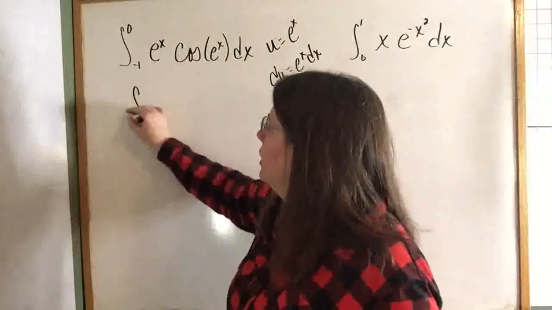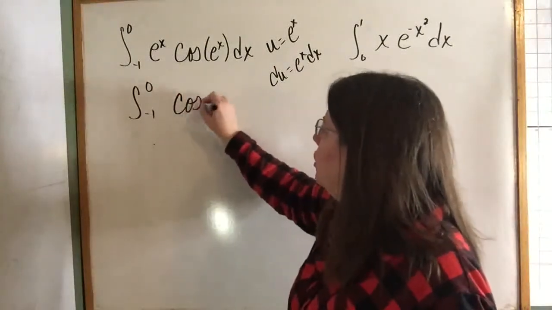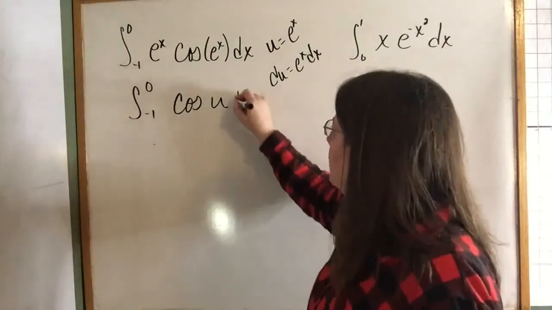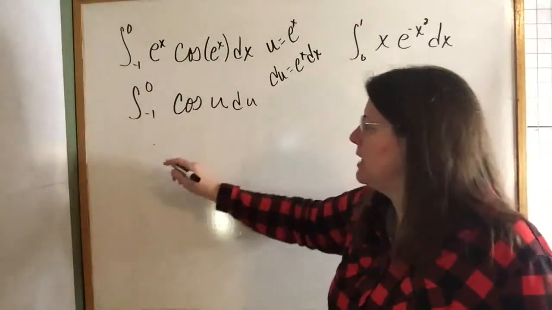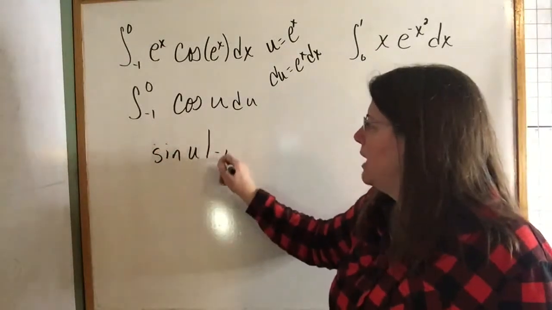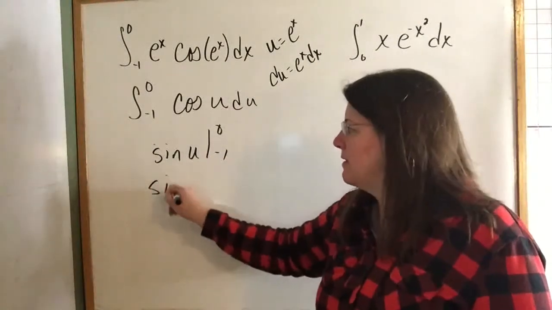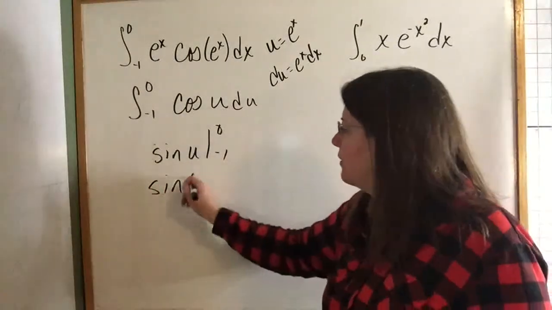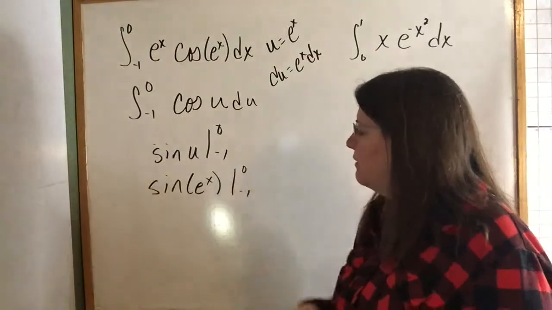So the integral from -1 to 0 of cosine u du. And then the antiderivative of cosine is sine. So we have sine of u from -1 to 0. We will resubstitute. That's sine of e to the x going from -1 to 0.